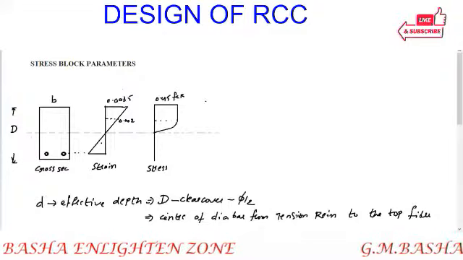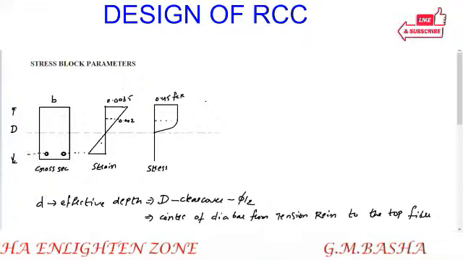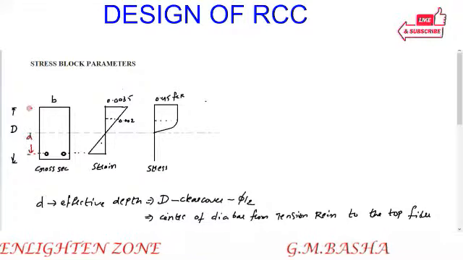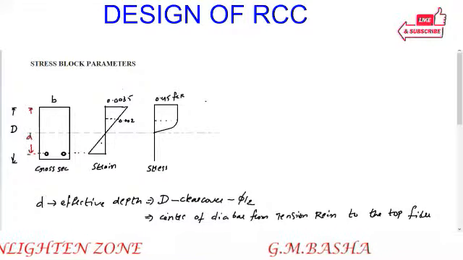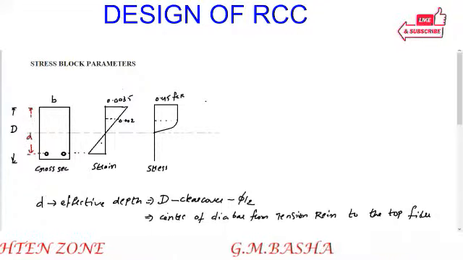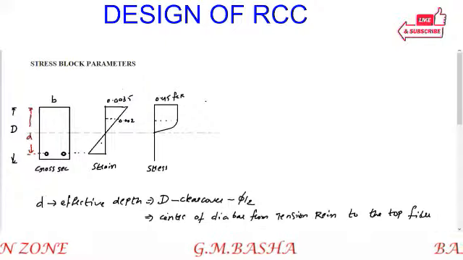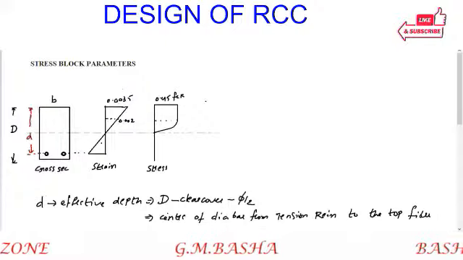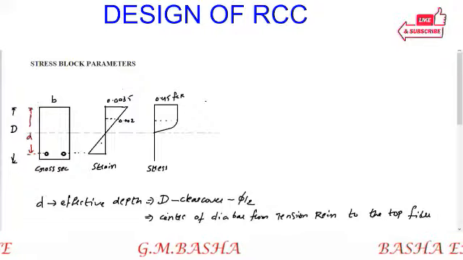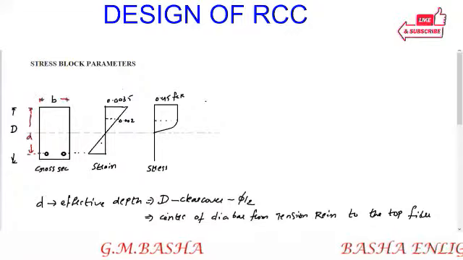So I am considering directly from the center of this bar to the top. That is d here. D is the overall depth of the cross section, and b is the width of this cross section.